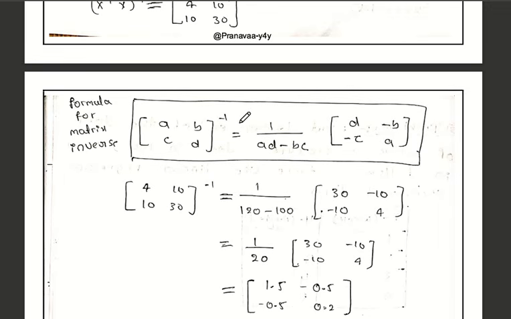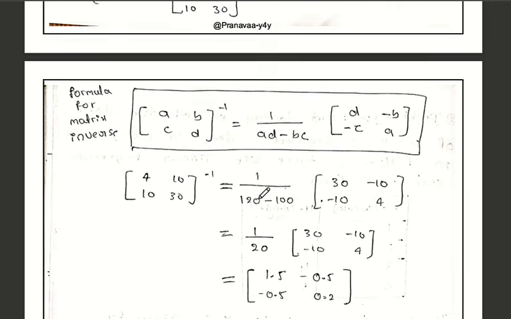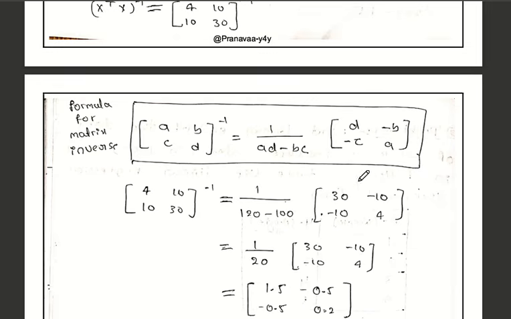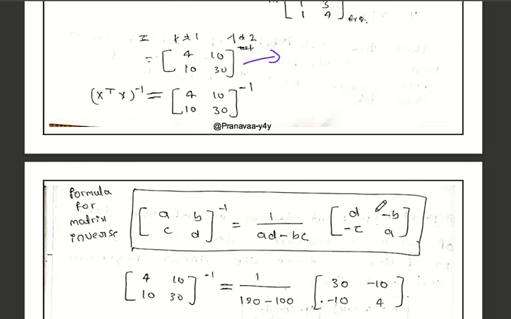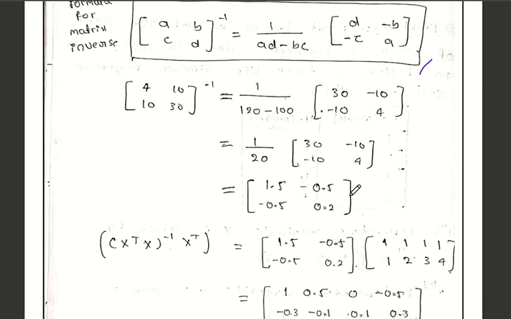If the matrix is a b c d, you just apply it here. 1 divided by ad minus bc is nothing but 4 into 30, which is 120, then 10 tens are 100, so 120 minus 100, and again write this as it is with the characters changed. See, when you name it as a b c d, just replace according to this formula and solve.